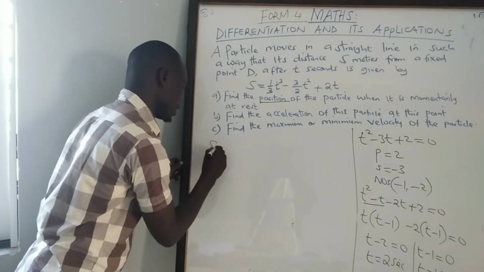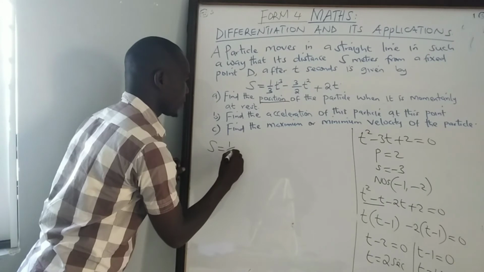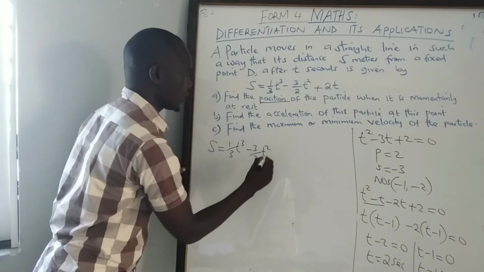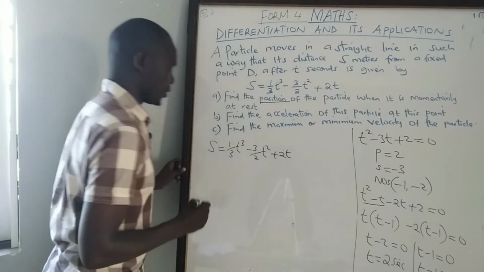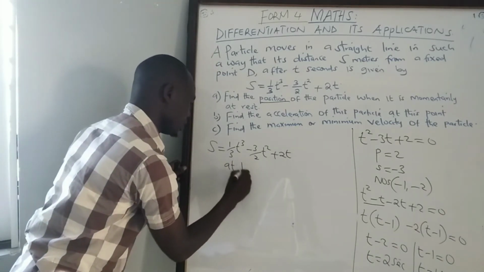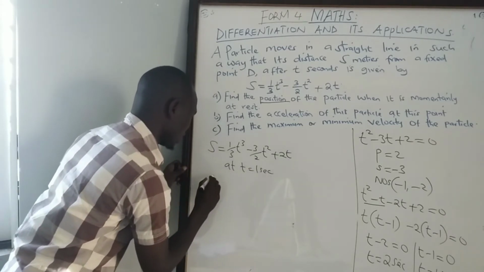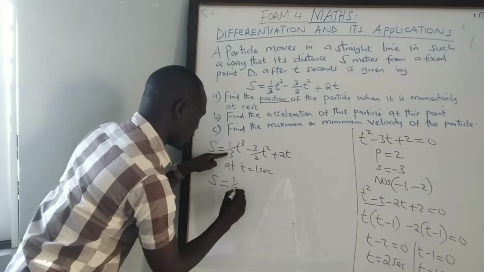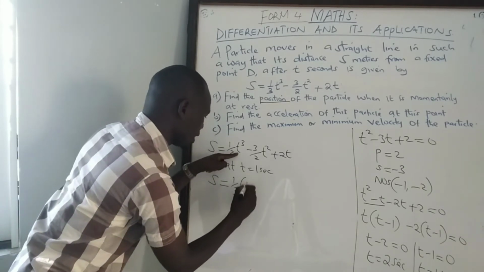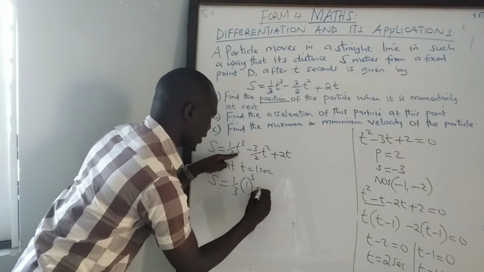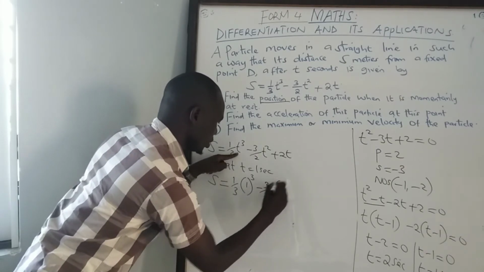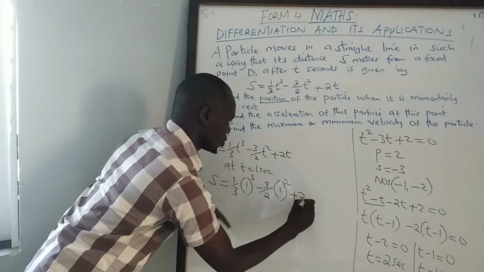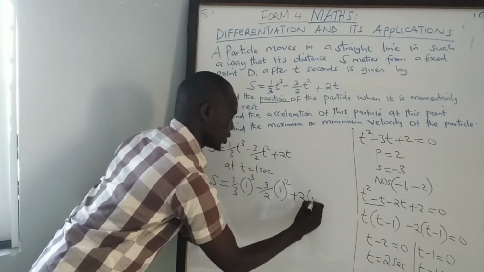So our s is going to be equal to a third t cubed minus 3 over 2 t squared plus 2t. From there, we know at t equals 1 second, then our displacement is going to be equal to a third, into t, which is 1 raised to power 3, minus 3 over 2 into t, which is 1, we raise it to power 2, plus 2 into t, which is 1.